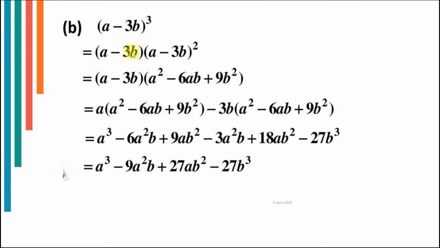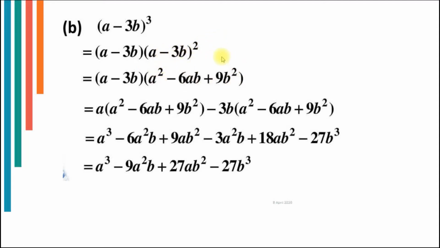So that's why it's written there, (a minus 3b) times (a minus 3b) squared. Now this will be equal to (a minus 3b), and then we know this formula here, guys. Remember, we have a minus, so now this becomes a minus, and that's a plus, and then you just use that formula that we started off with for (a minus 3b) squared, right?